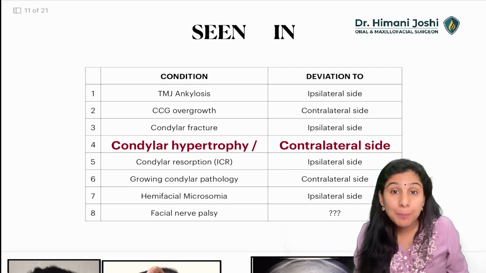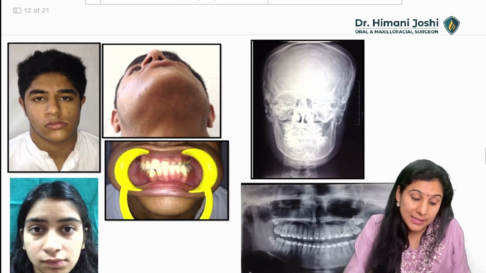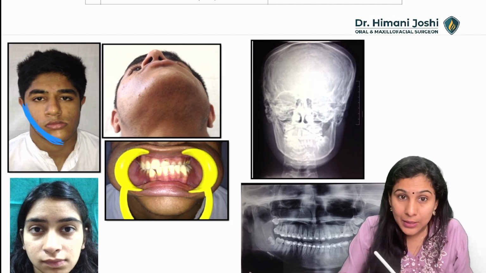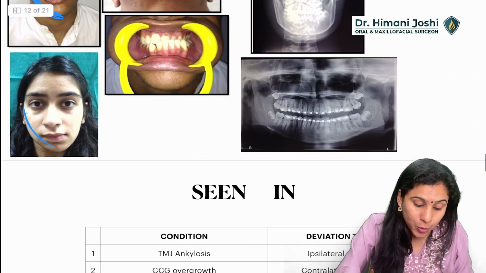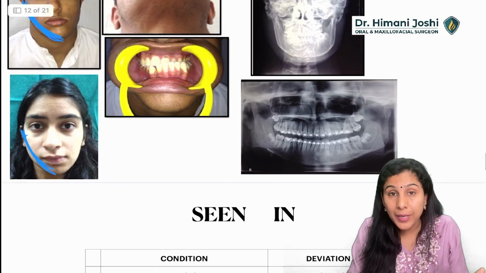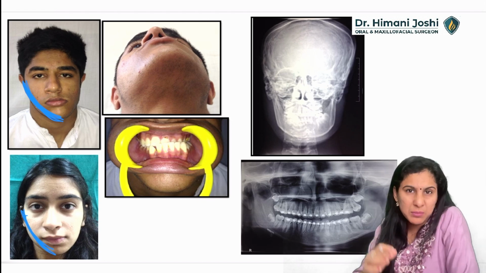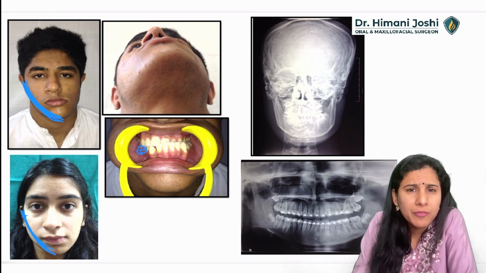Next, condylar hypertrophy or condylar hyperplasia. We've seen these cases whenever there is excess growth of condyle on one side. You can see in this boy or in this girl, there is excessive growth of one side. This is usually diagnosed in technetium 99m MDP scans, which is a nuclear medicine scan. You can see how one side is growing very rapidly.